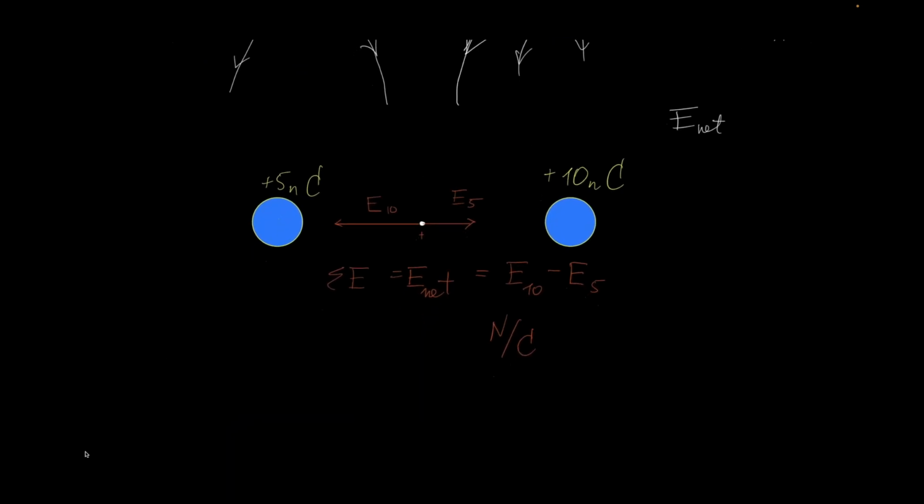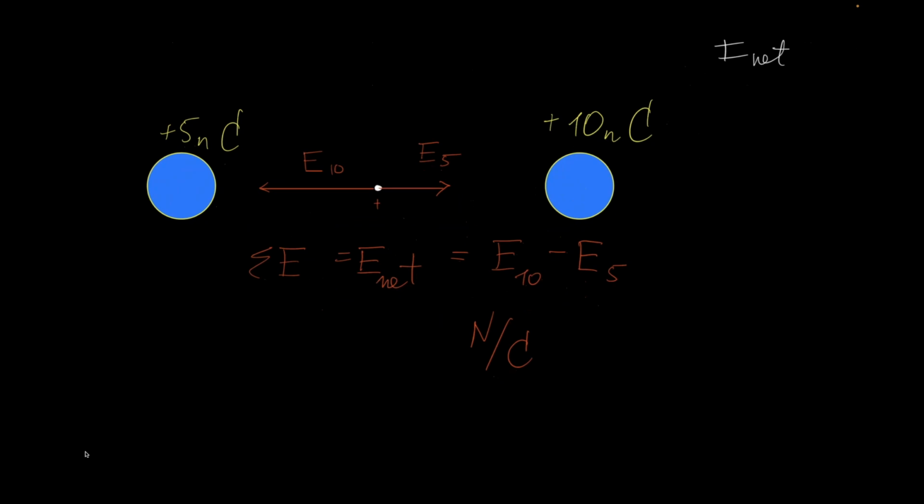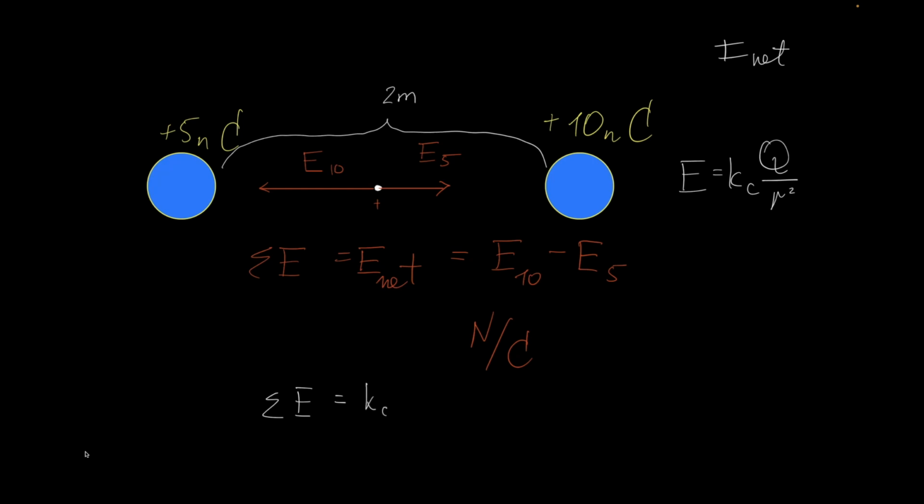And then finally, if I'm looking for electric field between these 2 charges, remember this is smack in the middle, so for E net, I'm going to subtract Kc over r squared for both of them, and it's just going to be Q10 minus Q5. If that makes sense, you can do E10 is Kc Q10 over r squared.